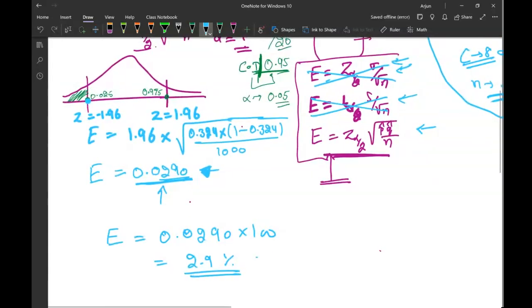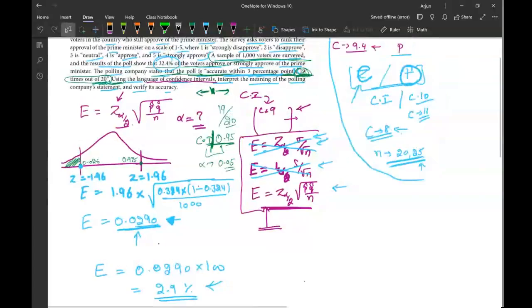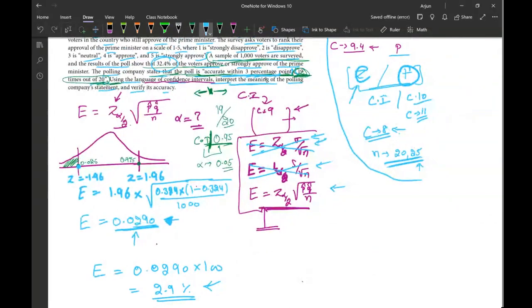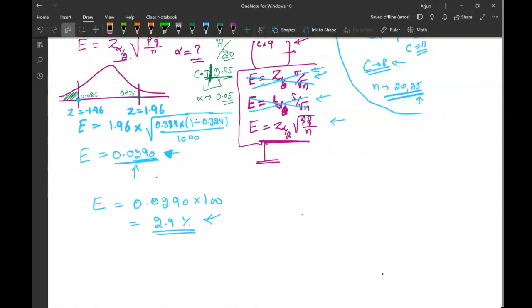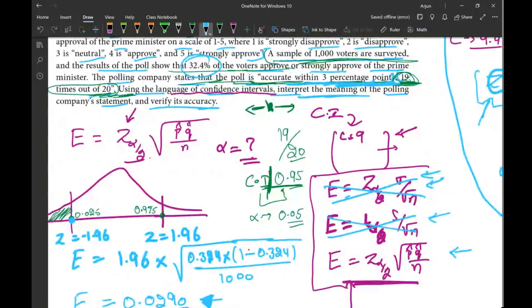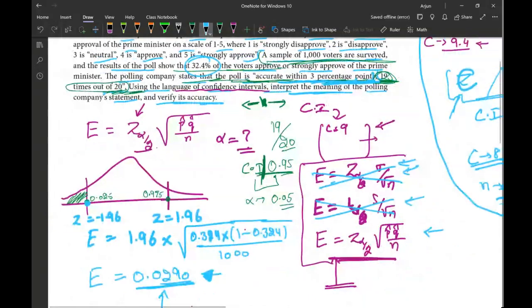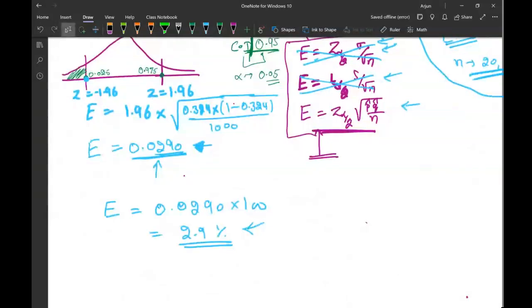So the margin of error we calculated is 2.9%. So within 3% points. Okay, so yes, it is within 3% point. So therefore, the results of the poll stated are correct. So they are accurate. So that's how we are going to solve questions like this.